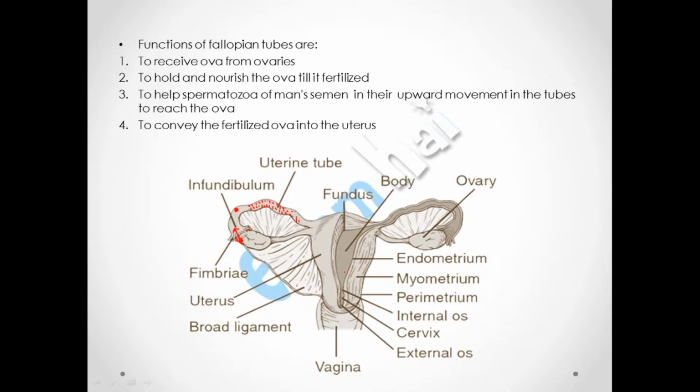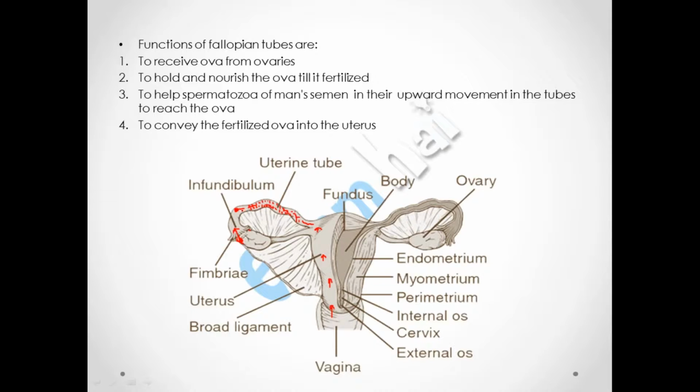When there is any entry of sperm, the entry takes place from the vaginal area. The sperm enter the fallopian tube, and these ciliated ducts help the sperm with locomotion, and it reaches the ova and fertilizes it.